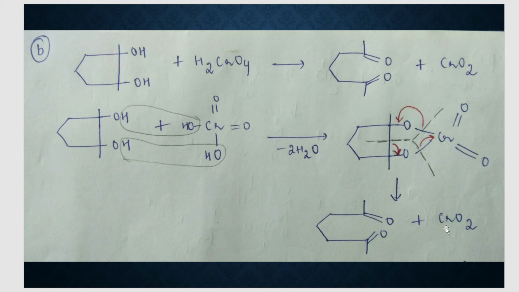So chromium will not have any charge on itself. So where and all did we break this molecule? Here, here and here. So we have got what? A diketo compound, correct? And what else is remaining? This part, that is the CrO2. That is the second application.